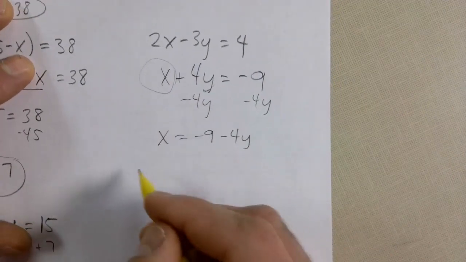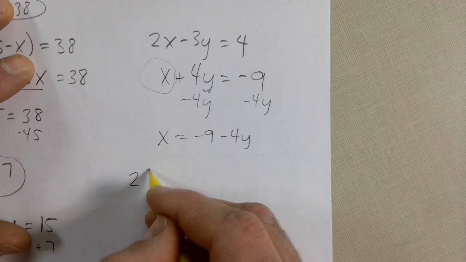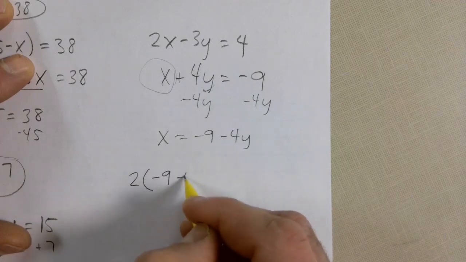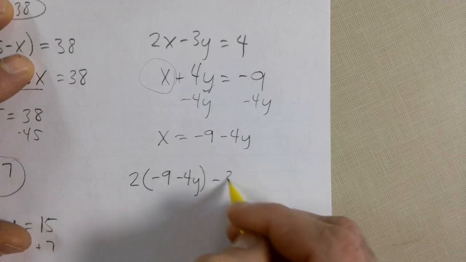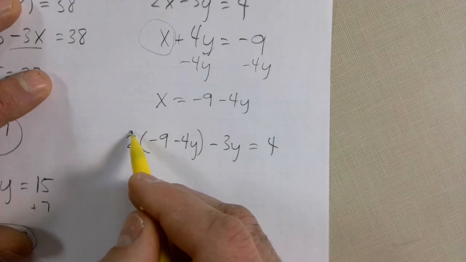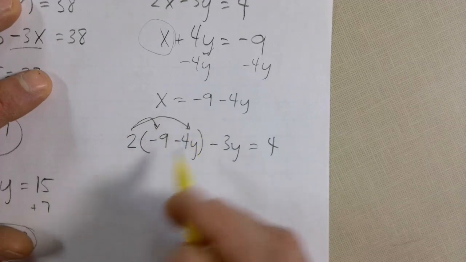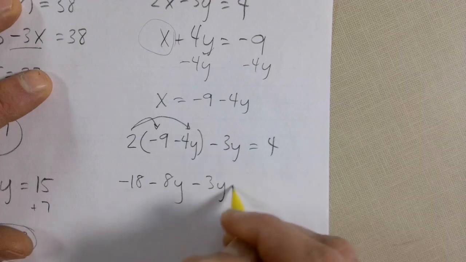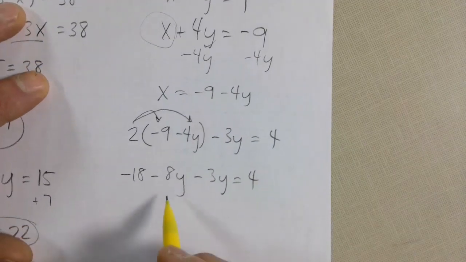Okay, let's do it. So I'm going to have 2 times x, and x is going to be substituted with (negative 9 minus 4y), minus 3y equals 4. Now, work through the parentheses, distribute: negative 18 minus 8y minus 3y equals 4.